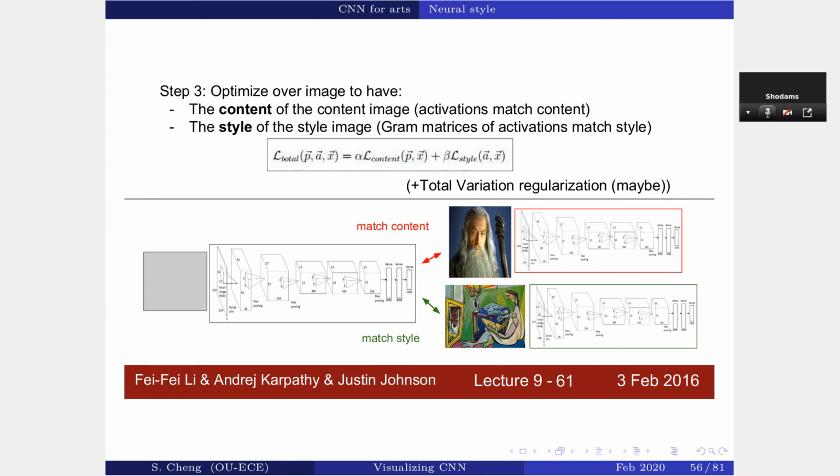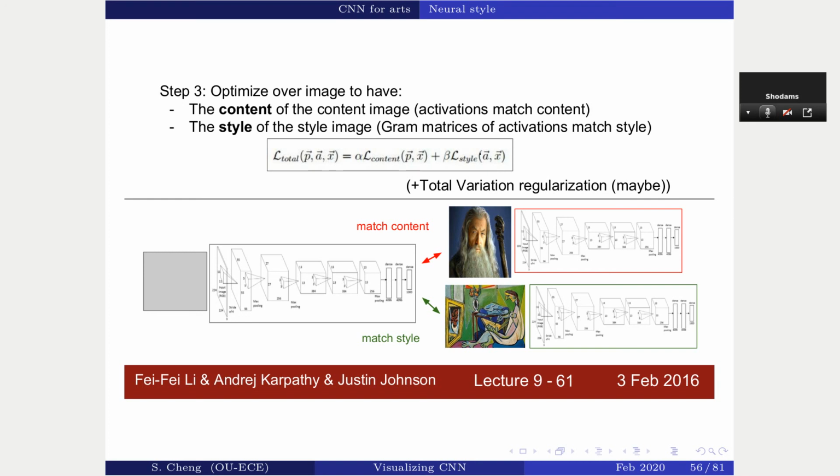The cost will combine, okay, I want to look at the cost for getting the content from the first image, and that basically measures the difference of the content of two images, and then you have another measure trying to measure the style of one image against another image. Then you combine that as a joint cost.